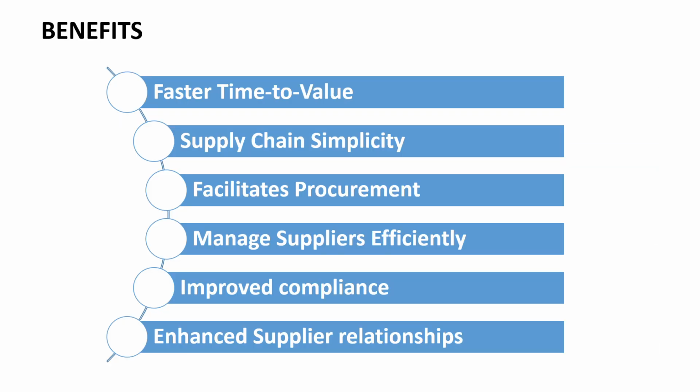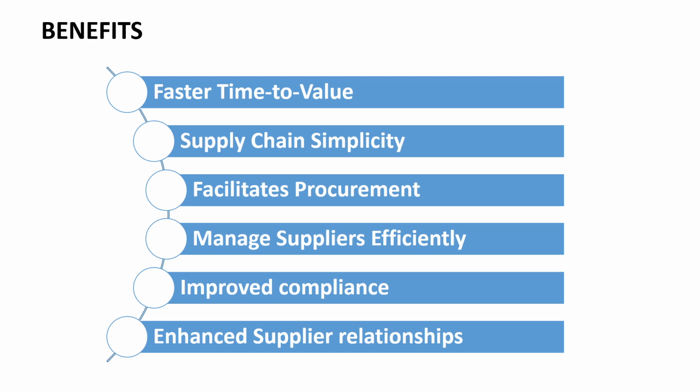Then next are the benefits of SAP Ariba. The first benefit is faster time to value. It means by streamlining procurement processes, SAP Ariba enhances the efficiency of procurement operations, leading to quicker returns on investment and shorter cycles for sourcing and purchasing.